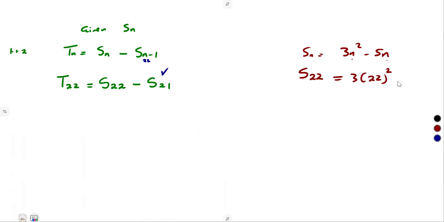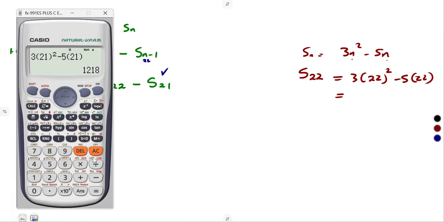So that's 3 times 22 squared minus 5 times 22. You simplify this just like what we had before. In place of 21, let's just put 22. That is going to give us 1,342.